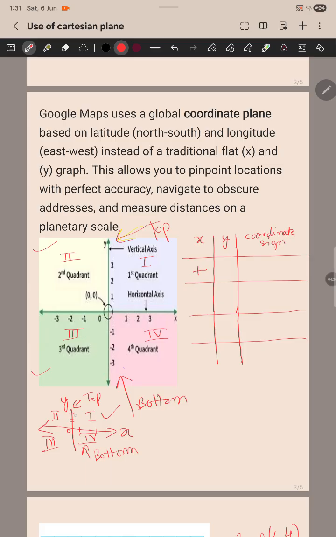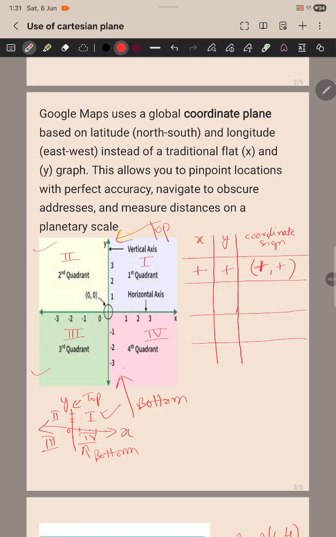Y is also moving in a positive direction, so y is positive. So what should the point sign be in the first quadrant? X is positive, y is positive, it means positive, positive. A point is defined by x, y, so x is positive and y is positive in the first quadrant.